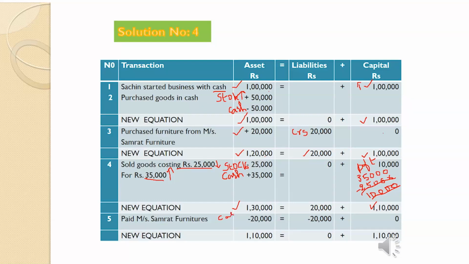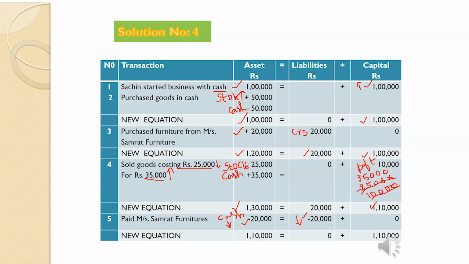Then paid Samrat Furnitures. Here cash paid, so automatically cash is reduced. That is an asset, cash decrease, so minus 20,000.